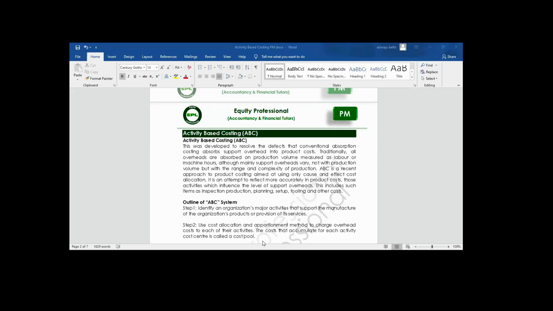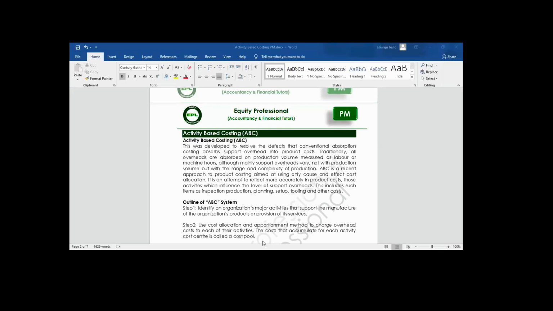Once again, good evening. Our class tonight, precisely, we are looking at activity-based costing. Activity-based costing is one of the modern costing methods. If you recall, for about 3 lectures, we've been looking at modern costing methods.